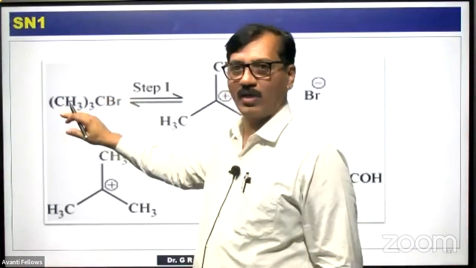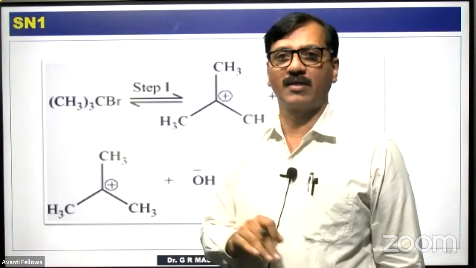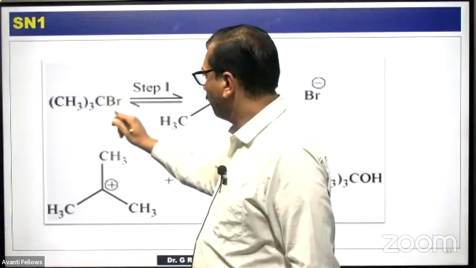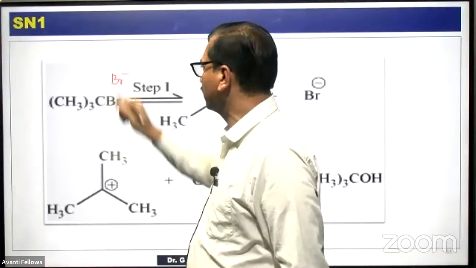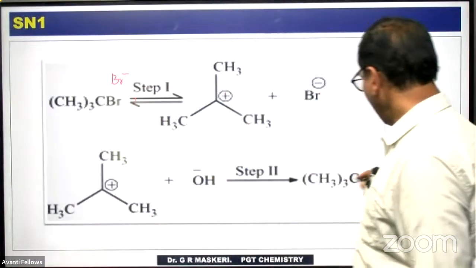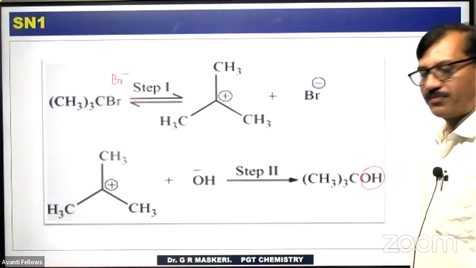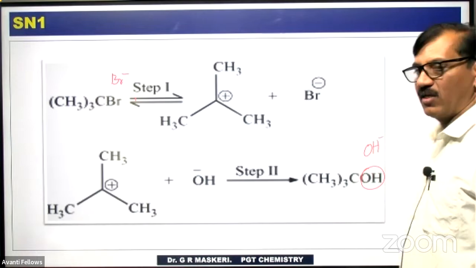This is the given haloalkane. If it has to undergo substitution reaction, the nucleophile present here is Br minus. This will go away and another nucleophile OH minus enters in.